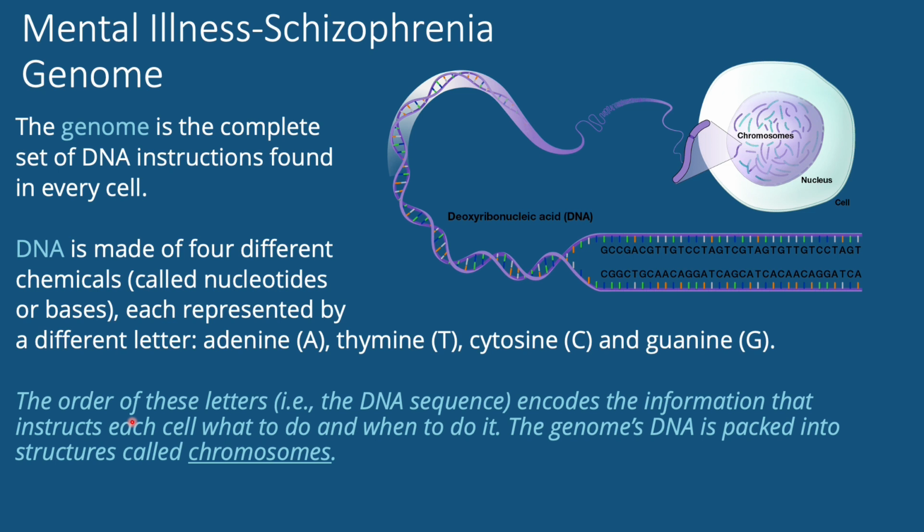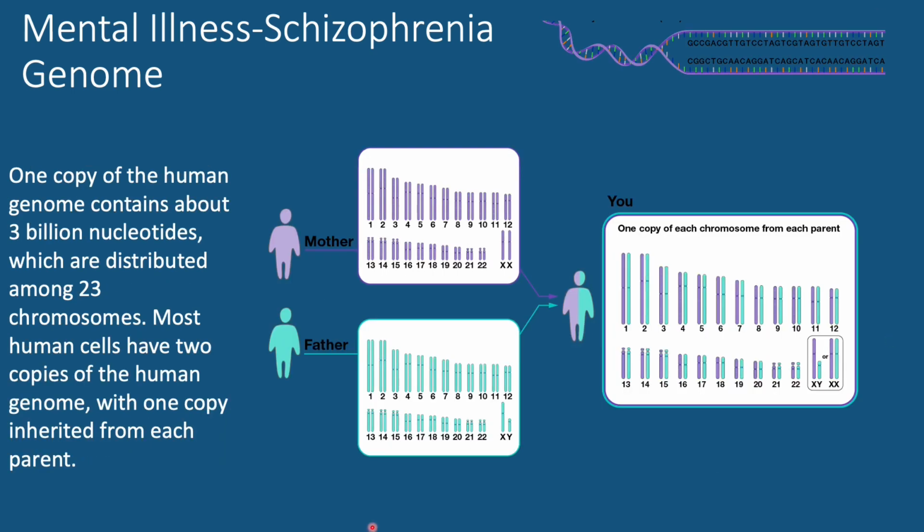Now, the order of the letters or DNA sequence encodes the information that instructs each cell not only what to do, but also when to do it. The genome's DNA, again, is packed into the chromosomes.